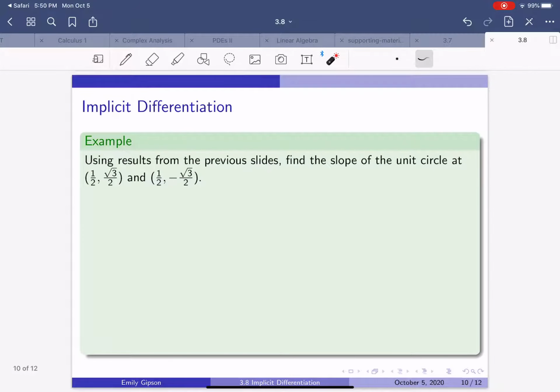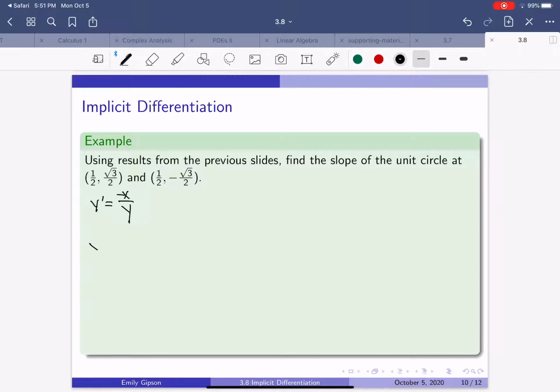So let's use this result. Find the slope of the unit circle at 1/2, square root of 3 over 2, and 1/2, negative square root of 3 over 2. So we know y prime, which is the slope of the tangent line, is equal to negative x over y. And since it depends on both y and x, we plug in y and x.